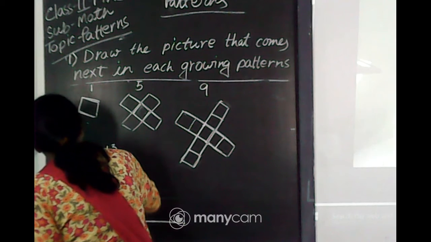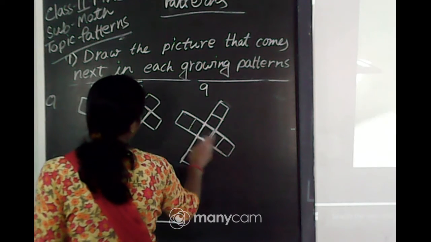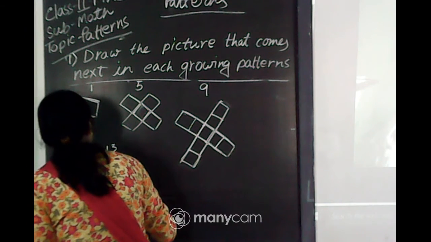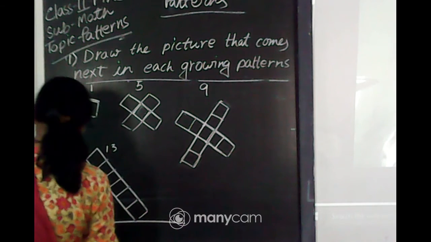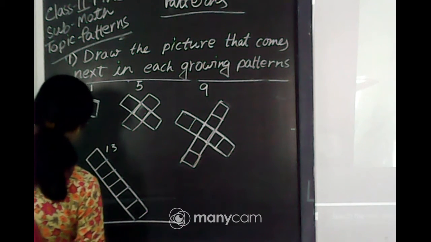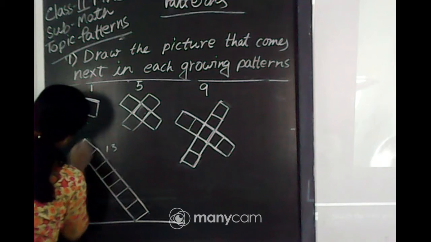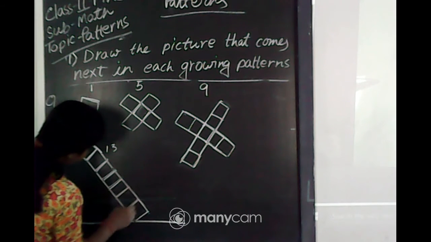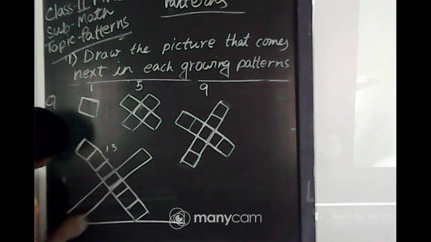Let's see how. 1, 2, 3, 4, 5. Here 6. 1, 2, 3, 4, 5, 6. Six, 7. 1, 2, 3, 4, 5, 6, 7. And here 3, 1, 2, 3.